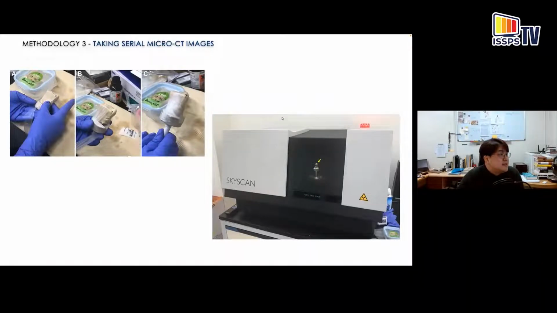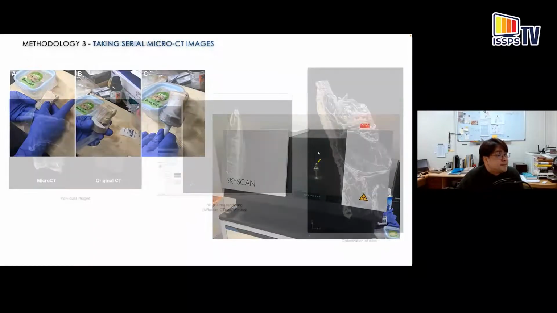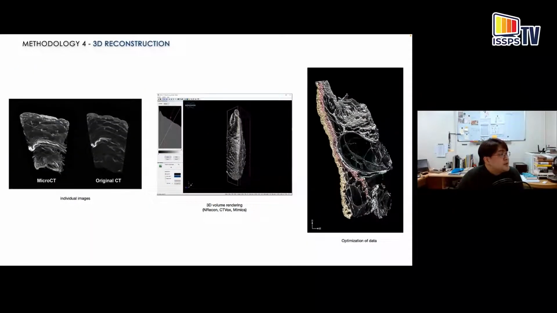We used the SkyScan system that can scan down to 5 micrometer voxel size. Thousands of individual sectional images could be obtained by the SkyScan system. And then the final 3D volume image was rendered by the reconstruction software, and the proper section, proper area was chosen for optimal visualization.